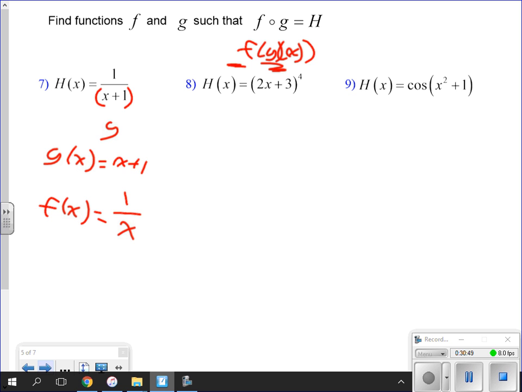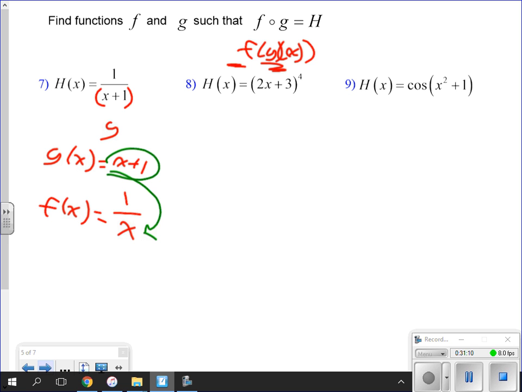When I put them back together, that's what's going to happen. So my inside function is what my denominator is. My outside function is 1 over something. In this case, it's 1 over g of x, which is x plus 1.